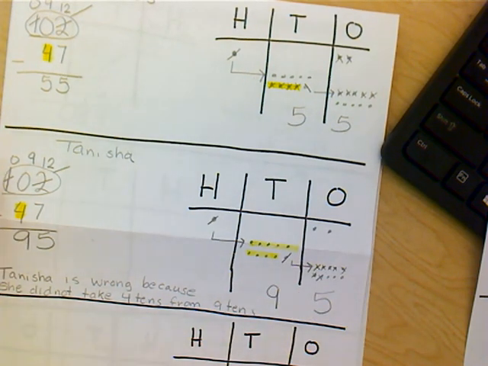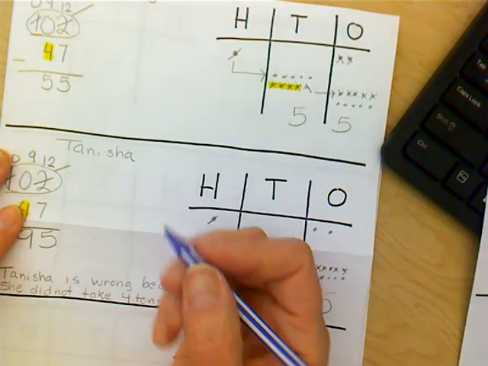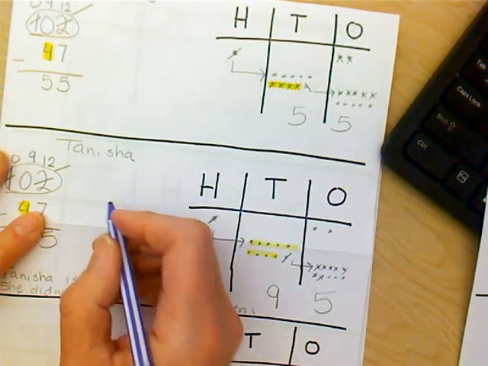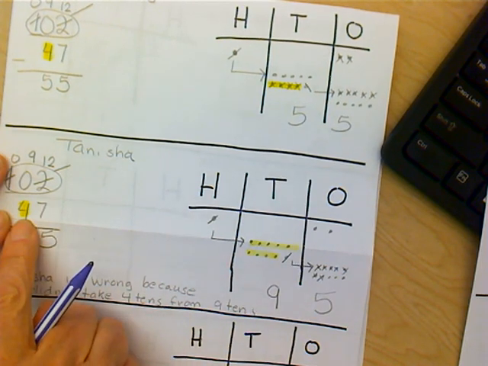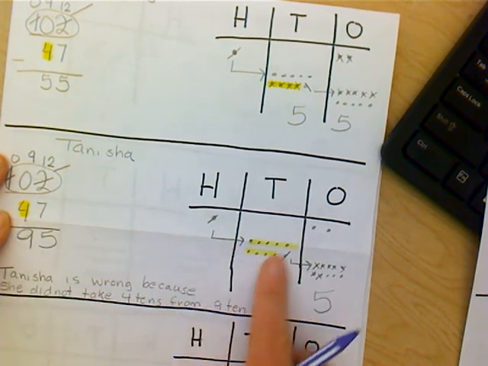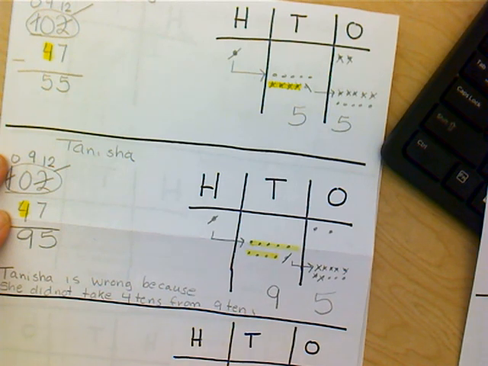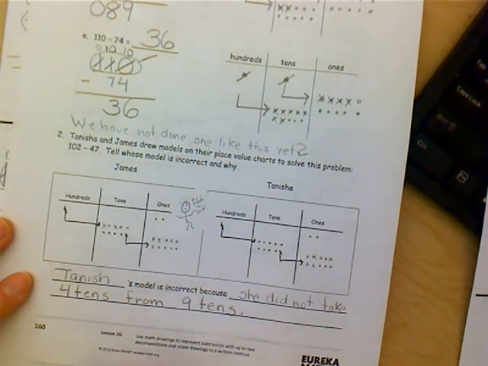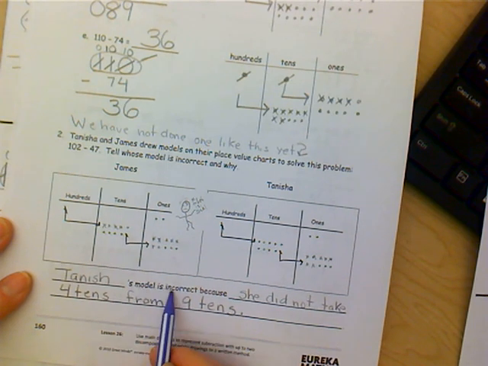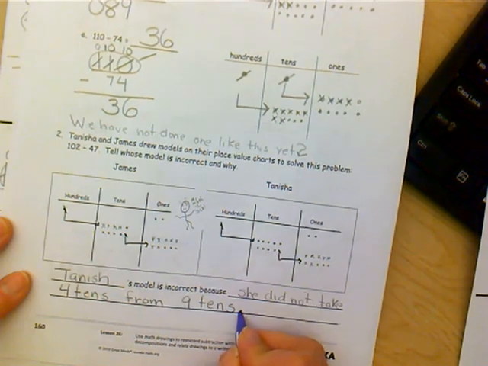So I would say that Tanisha is the one who is incorrect. Tanisha forgot to take away those 4 tens from the 9 tens. She just left them sitting up there, and that's why she ended up with 95. So I would say that Tanisha's model is incorrect because she did not take 4 tens from 9 tens.